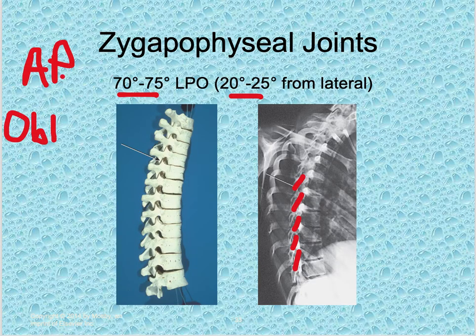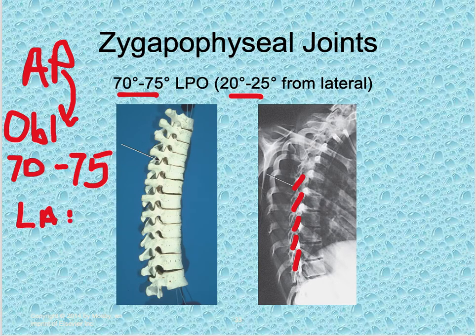When I go from AP to oblique, I'm going to turn my patient 70 to 75 degrees, okay, to get those zygapophyseal joints. Then I'm going to place my patient lateral, and then I'm going to do a swimmers, okay?